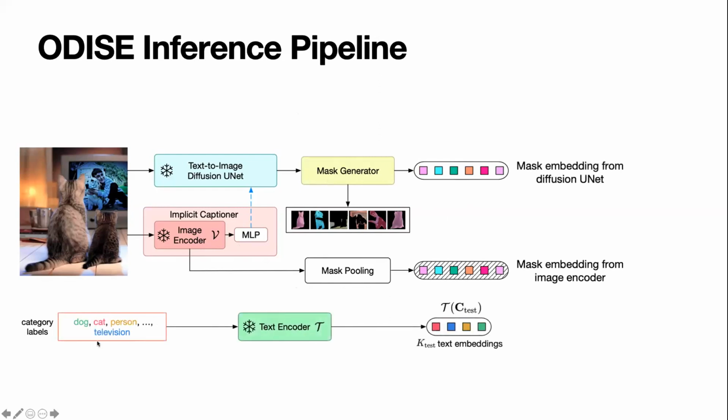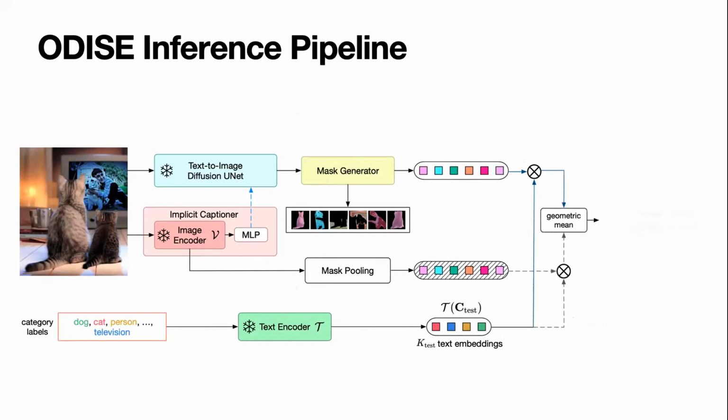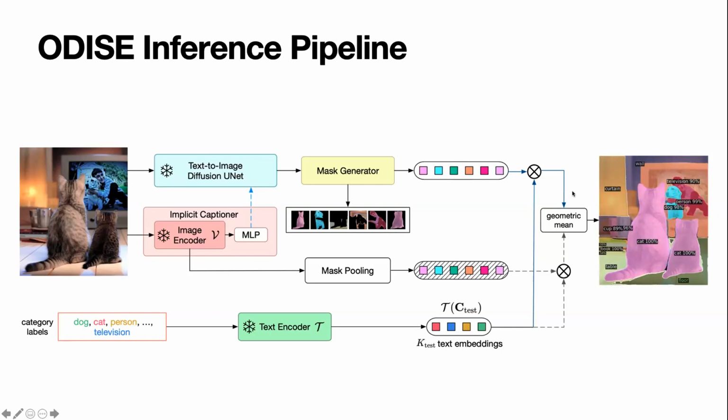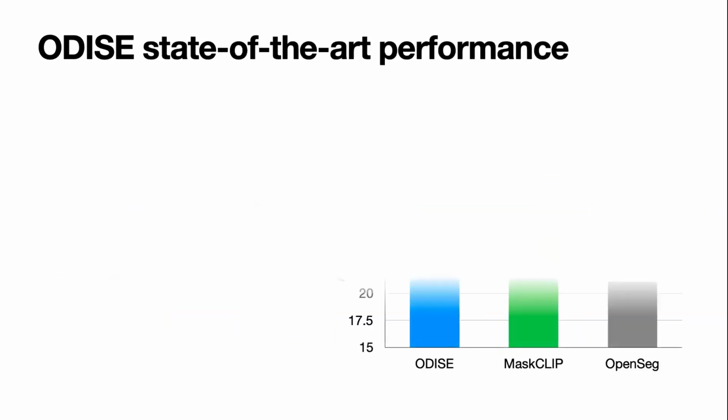Then we have an open set vocabulary, which hasn't been seen during training. We pass the names of the vocabulary through the text encoder and then compute the similarity matrix between the visual embeddings and the text embeddings. In the interest of time, I'm going to go quickly. You're welcome to go through the details in the paper. And then we associate the top matched category text embedding for the category label name with the visual embedding to get the various object labels.